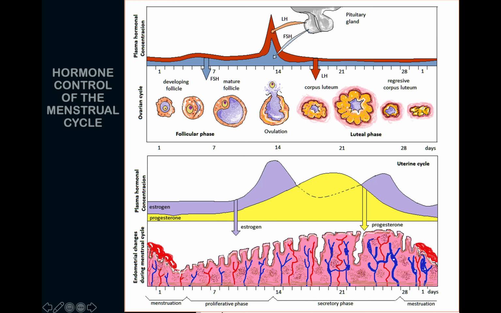Now you will notice that it's not just the estrogen, it's also the progesterone that has an effect on the endometrium lining, right? Both play a role in the thickening of the endometrium. Now, when progesterone inhibited the pituitary from producing any more FSH, it did that for a reason.